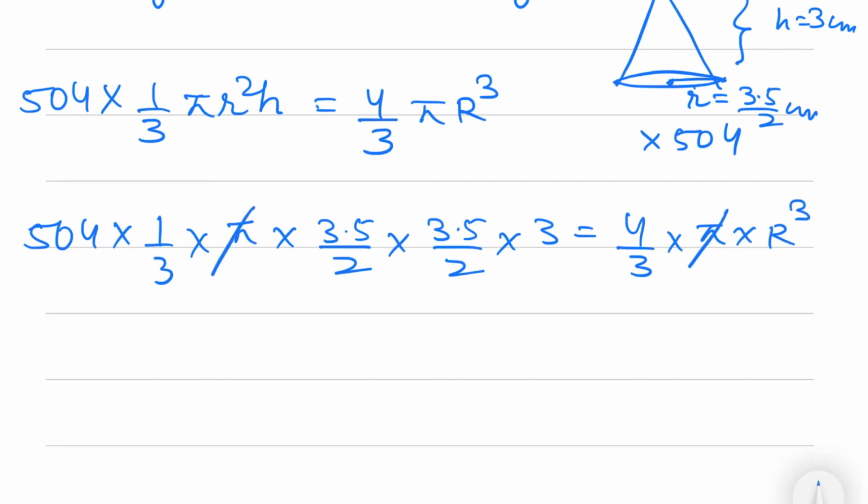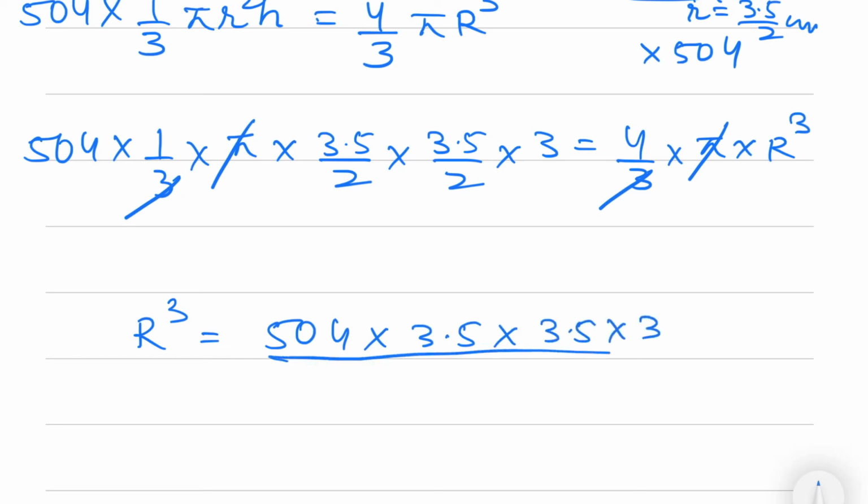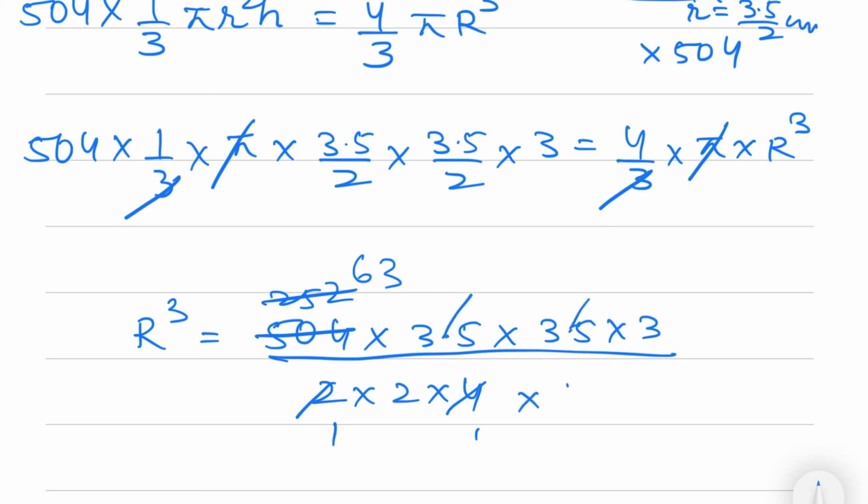So pi gets cancelled, this 3 gets cancelled. So we have R cube is equal to 504 into 3.5 into 3.5 into 3 divided by 2 into 2 into 4. So we have 252, 6 times 24, 3. If we remove these two decimal points, I'll have 10 and 10 here.